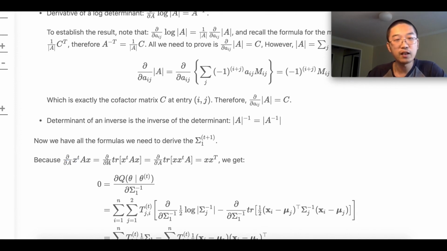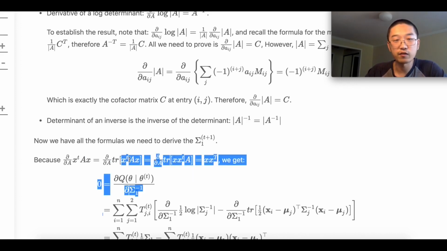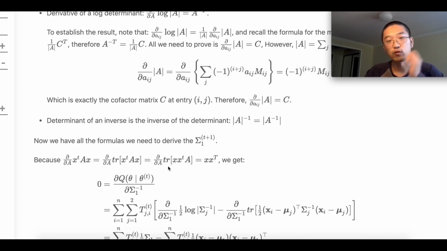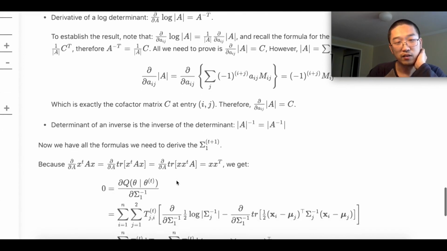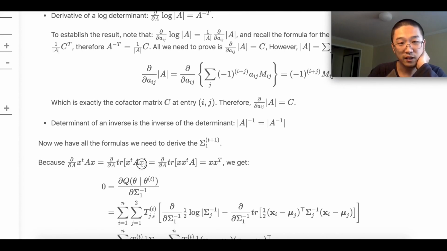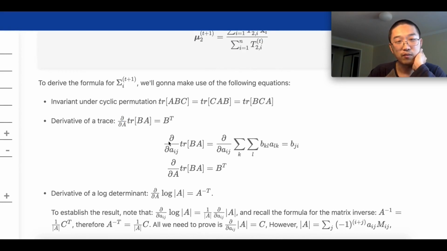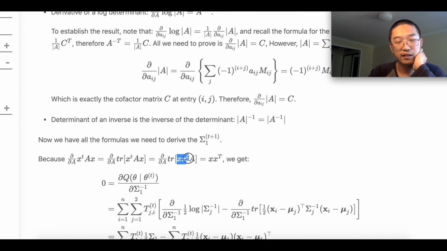We need to take the derivative of that, but this is a scalar, a quadratic function, and a scalar is the same as its trace. So it is the trace of x transpose A x. By the trace rule, we move the last x to the front by cyclic permutation, and then take the derivative with respect to A. By this formula, this is just the transpose of x x transpose, and because it's symmetric, it's just itself.